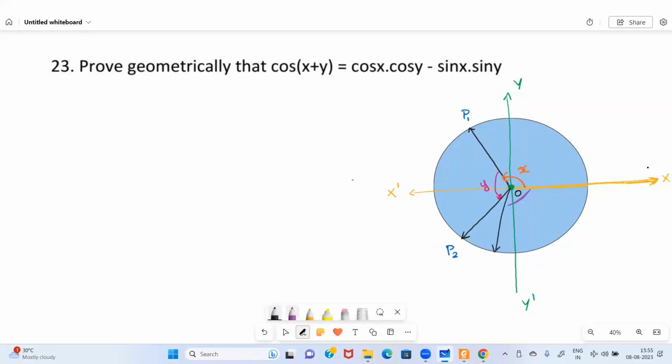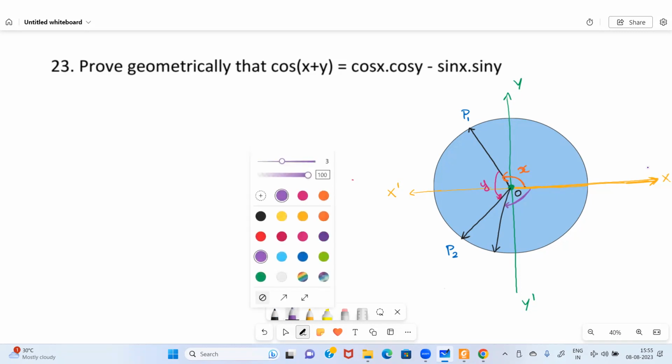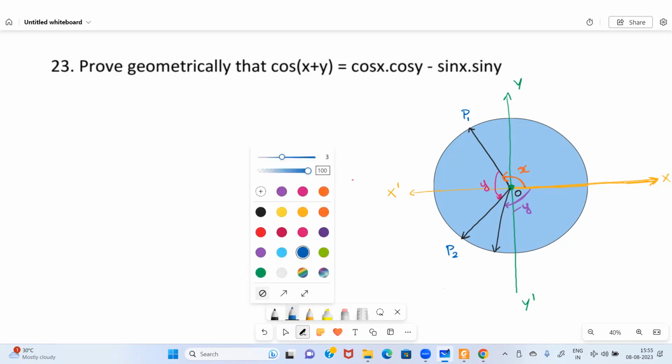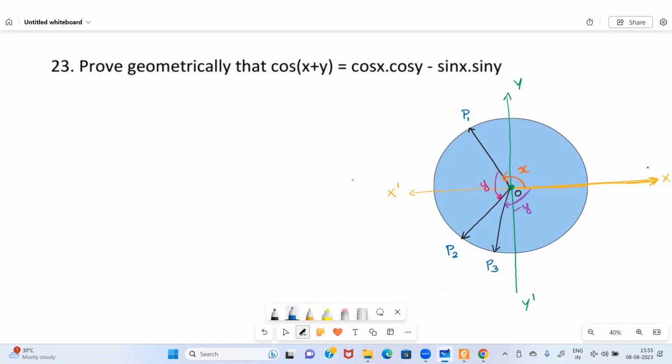This angle you will mark as minus y, because you are making it in the clockwise direction. Let's mark this point as P3. And finally, this ray which is along the x-axis, let's call it P4, dear students.